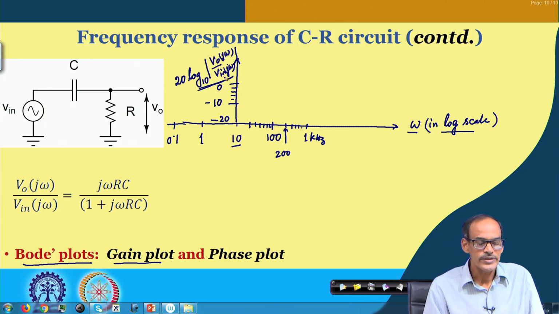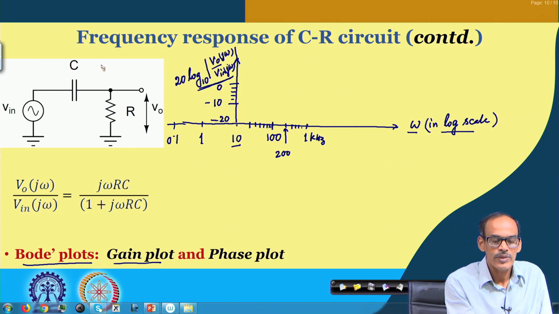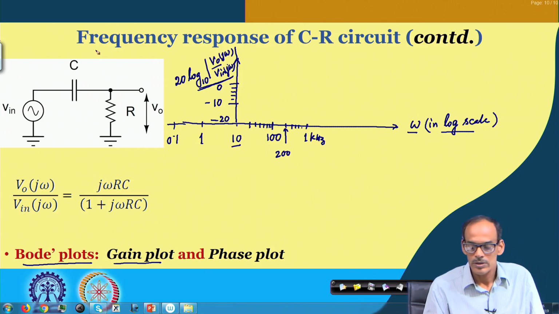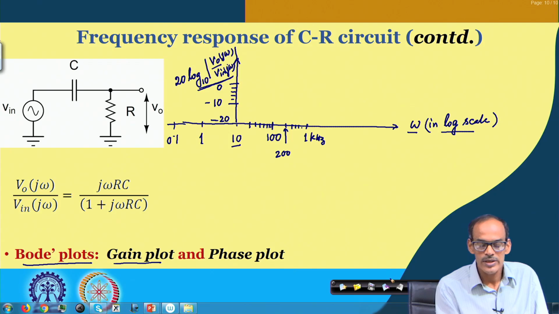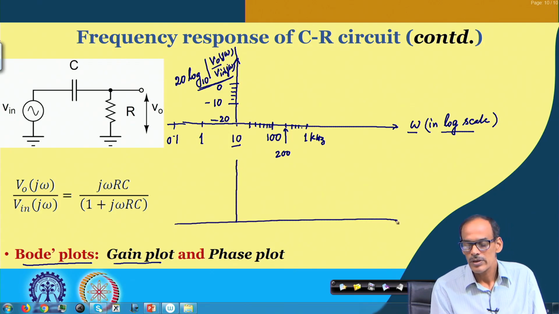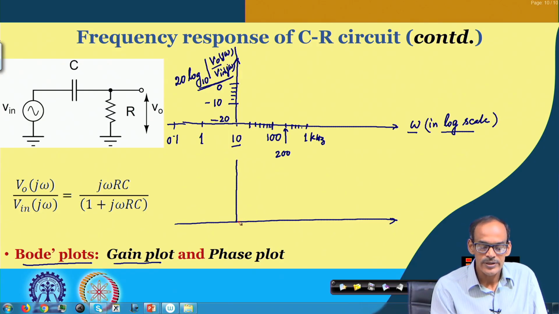So, what is the change you will see in this Bode plot compared to the frequency response in linear scale? Let me also try to sketch that linear scale, whatever we have done just now. If I consider the linear scale and only the magnitude, we have seen for this RC circuit the frequency response was like this.